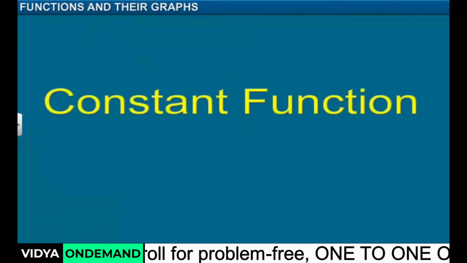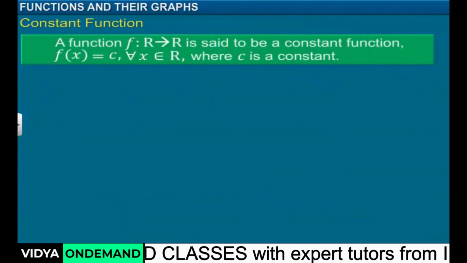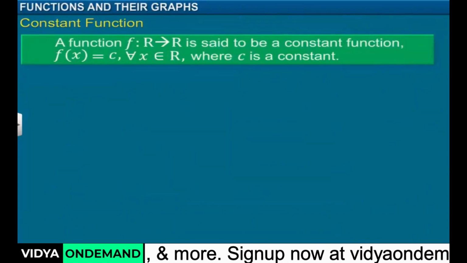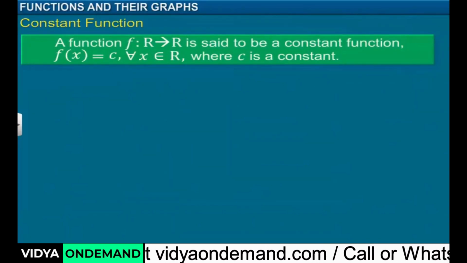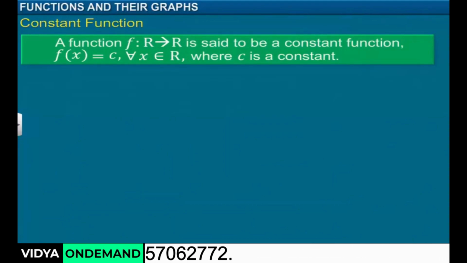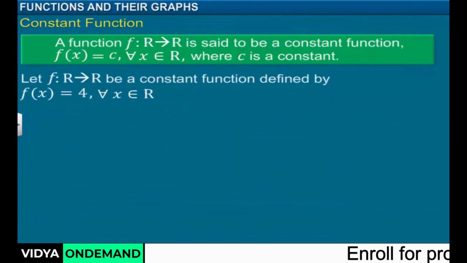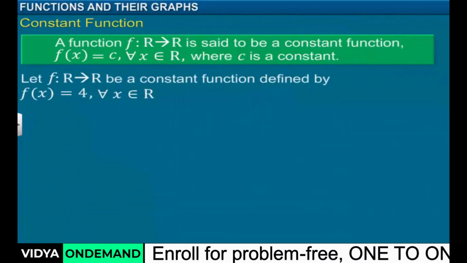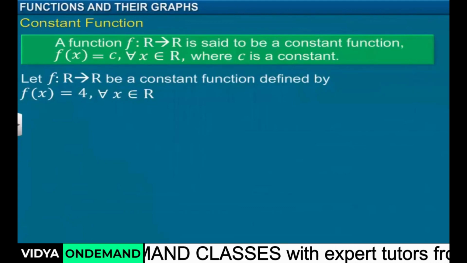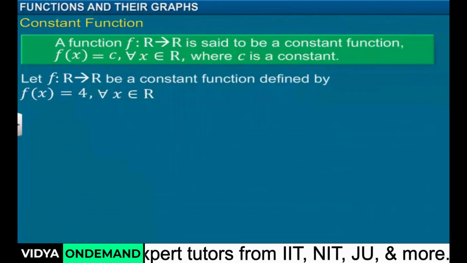Let's now move on to the constant function. A function f from R to R is said to be a constant function if f of x is equal to c, a constant, for all x belonging to R. Let f be a constant function from R to R, defined by f of x is equal to 4 for all x belonging to the set of real numbers.